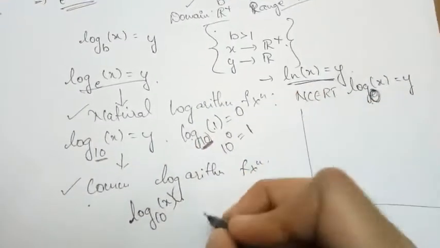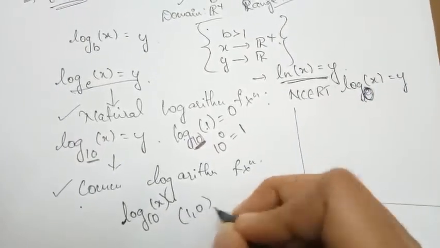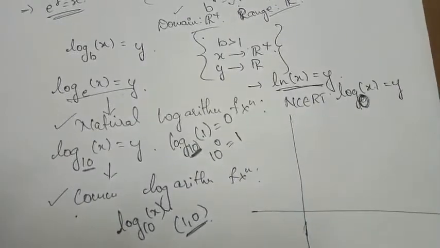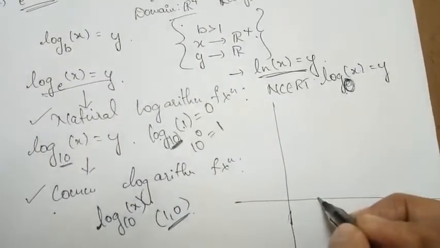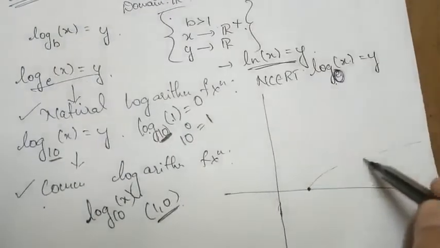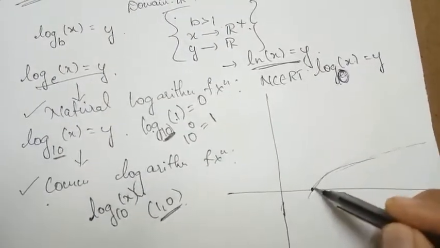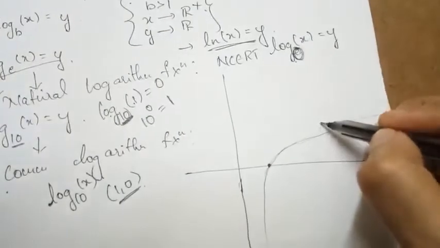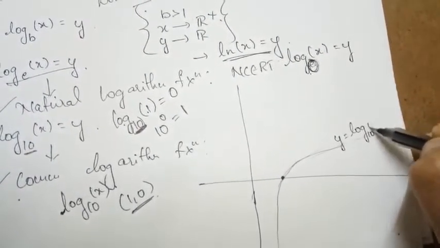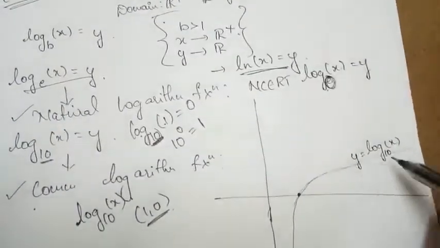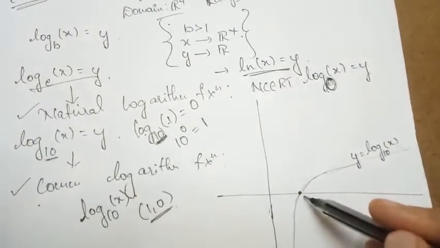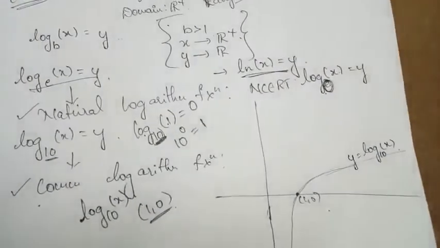So it is clear that (1, 0) is a common point in any logarithmic function. (1, 0) comes somewhere here. So this is the graph of y is equal to log with the base 10 of x, and it passes through the point (1, 0).